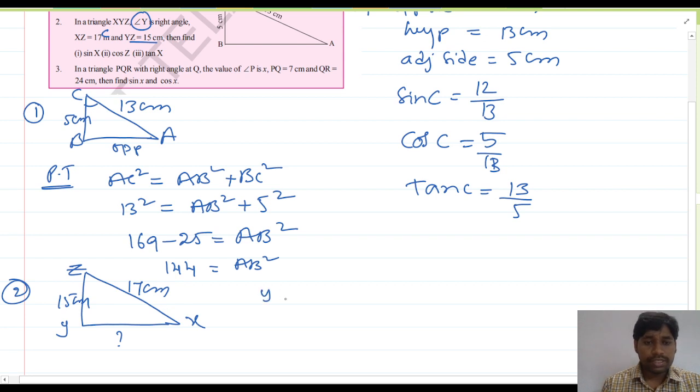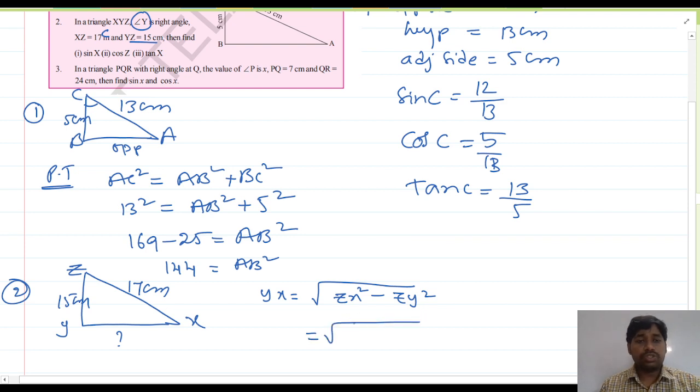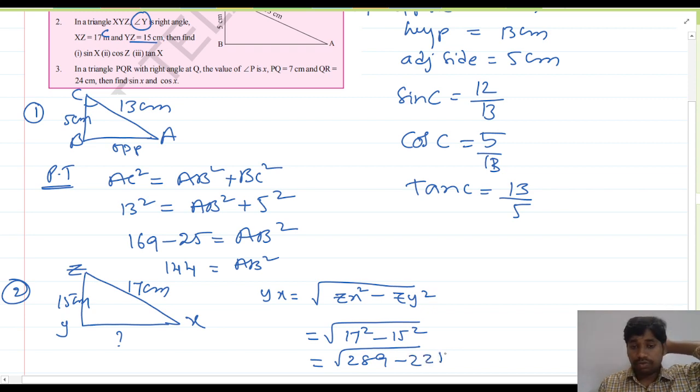Like the previous question, I am giving the direct step to you. So YX is nothing but the square root of ZX square, that is hypotenuse square, minus side ZY square. If you want to process it, I solved the previous two questions with the same method, so you can do it in that way. 17 square minus 15 square. 17 square is 289 minus 225.